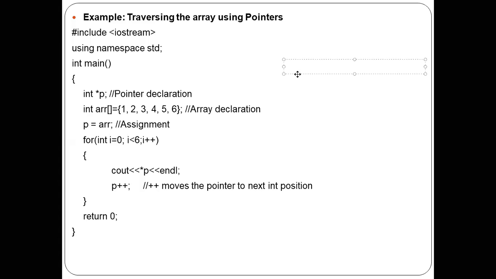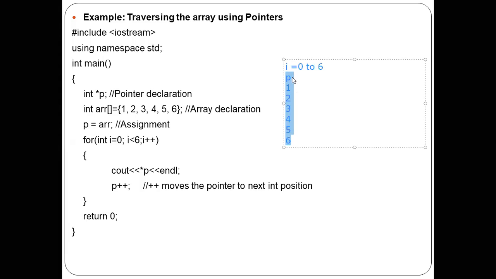As I told earlier, we increment the values of i, which runs from 0 to 6, and it retrieves elements from the array. When we put these values with the help of the pointer, pointer p has its memory location, which is incremented one by one across the elements that are part of the array.